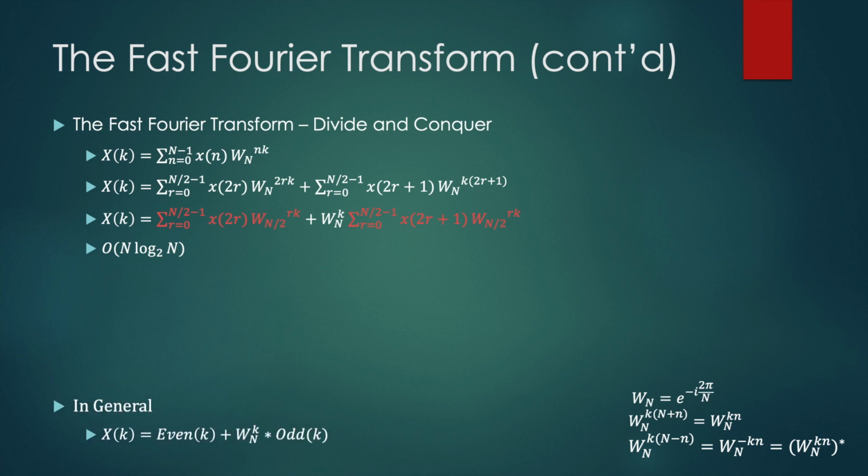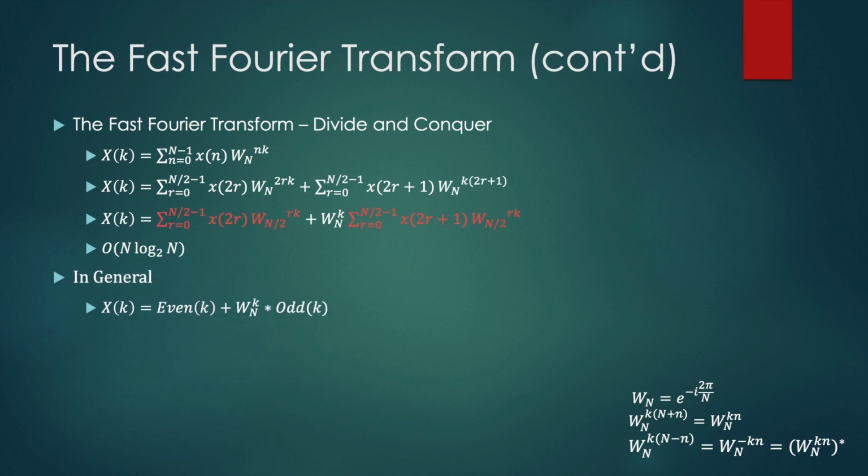So in general, your formula looks like this: you have your even of k plus Wn to the k times your odd of k.